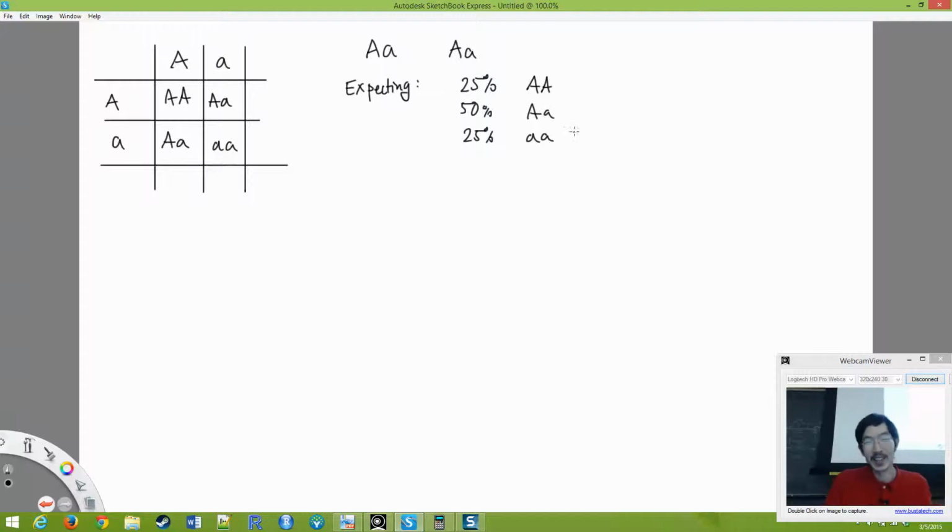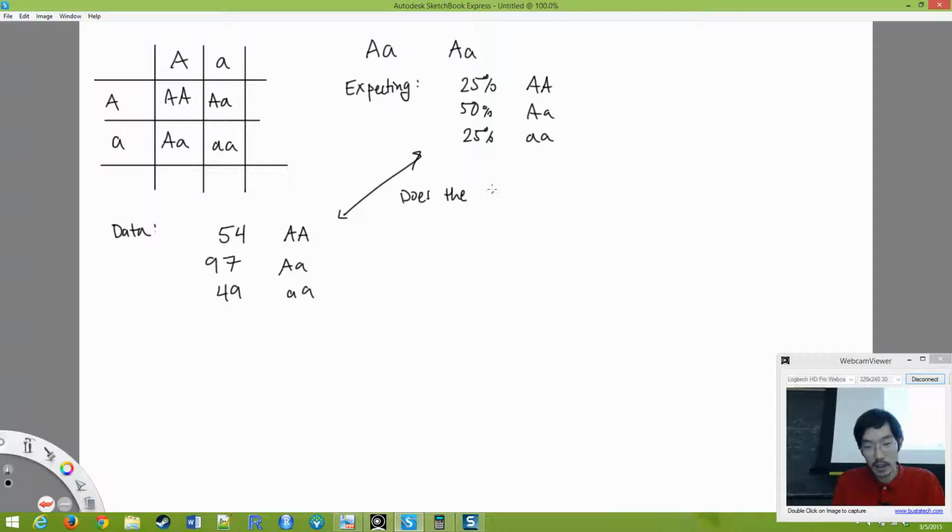Let's say you looked at the progeny of a whole bunch of these, and this is the data that you have: maybe you encounter 54 AA, 97 Aa, and 49 aa. Does this data match that? This is essentially what we're asking.